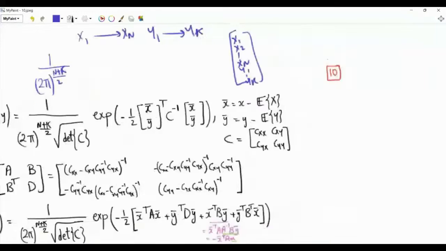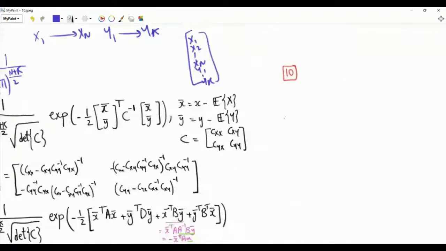In other words, the C matrix here is the expectation of this vector minus its mean value. Rather than writing x minus the mean and y minus the mean, I will just write x bar, y bar. So here they are stacked together. This is n by 1, and this is k by 1.